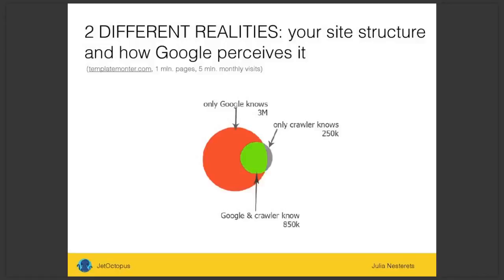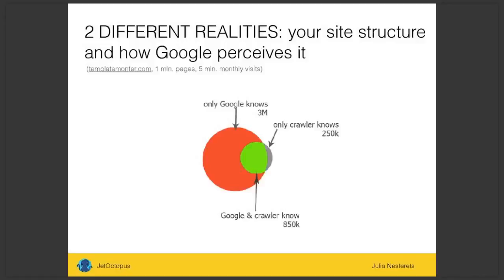So here you see that the website has 1 million pages, and there are 3 million pages which Google regularly visits, but we don't know about these pages. We don't know what they are, and the crawling budget is spent there. And if we don't change anything, we will not be able to increase indexability and visibility of your website.